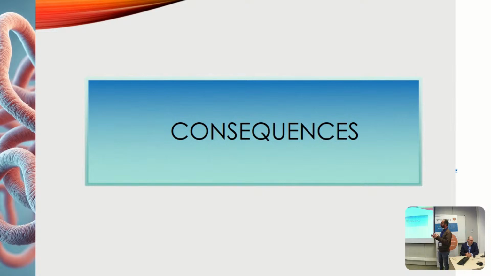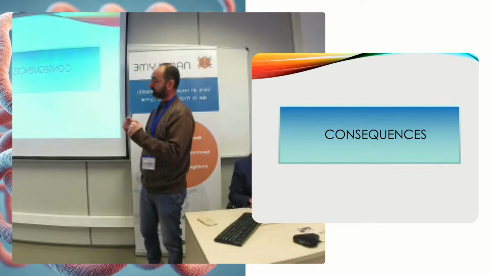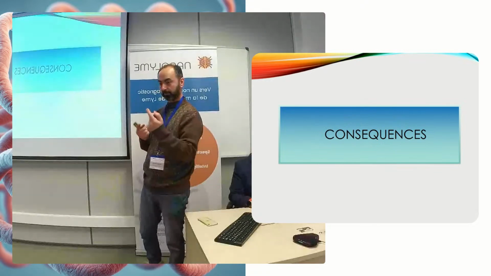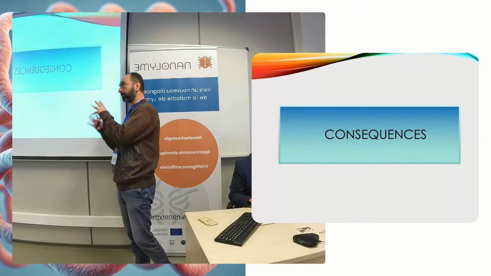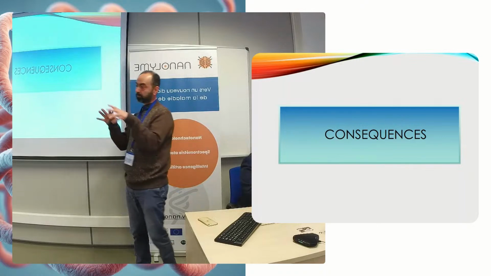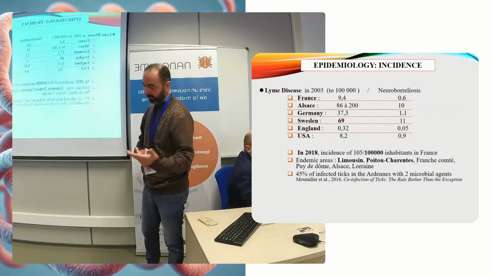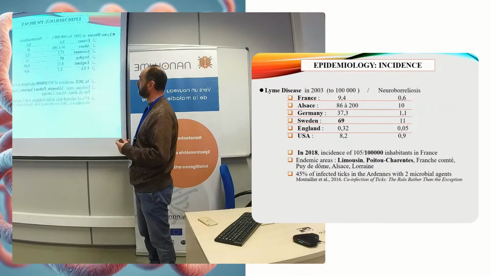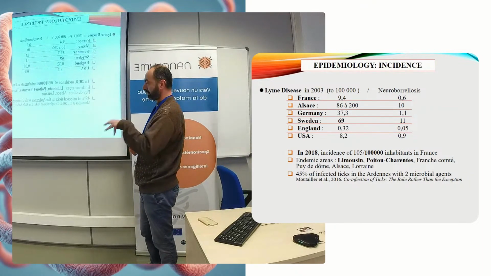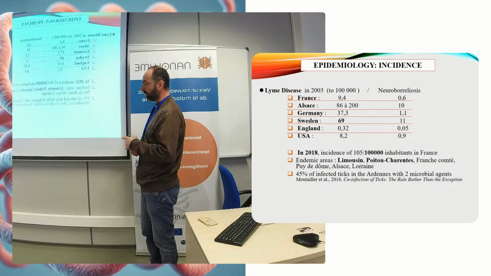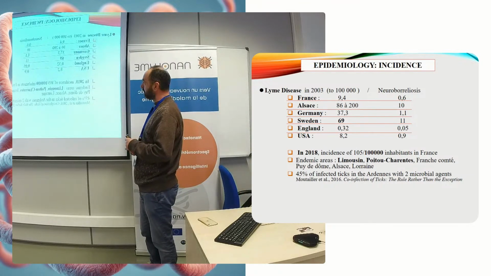So the consequence of all these reasons, of temperature, of presence of the reservoir, of the predators, and of systems of regulation of the ticks, is that for perhaps about 10 years there has been an augmentation of the cases.